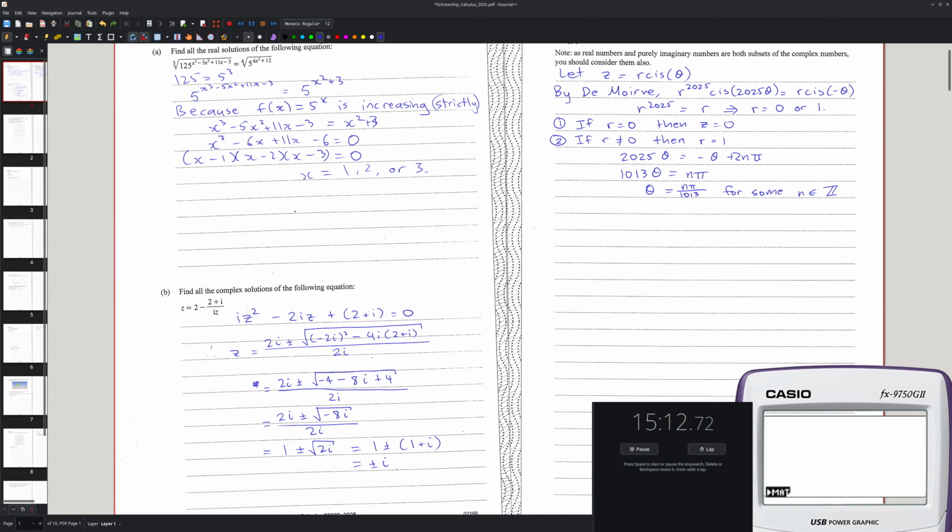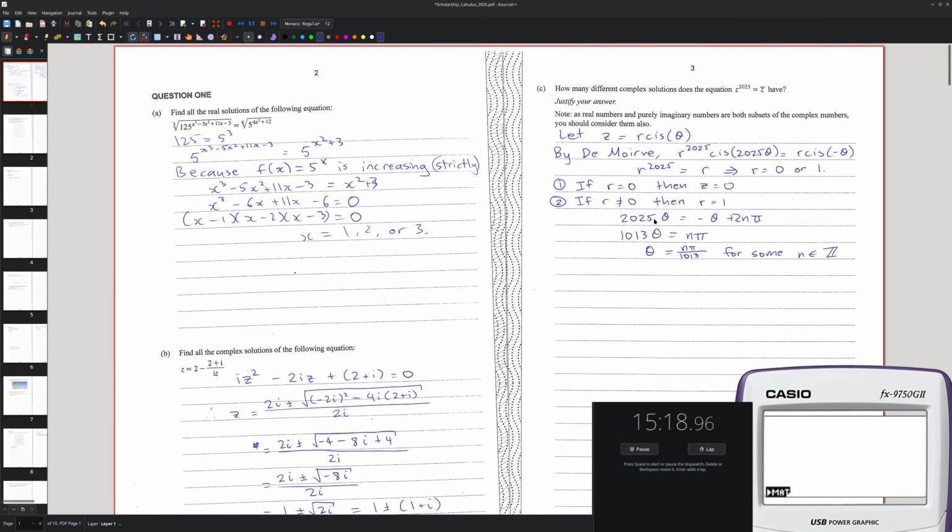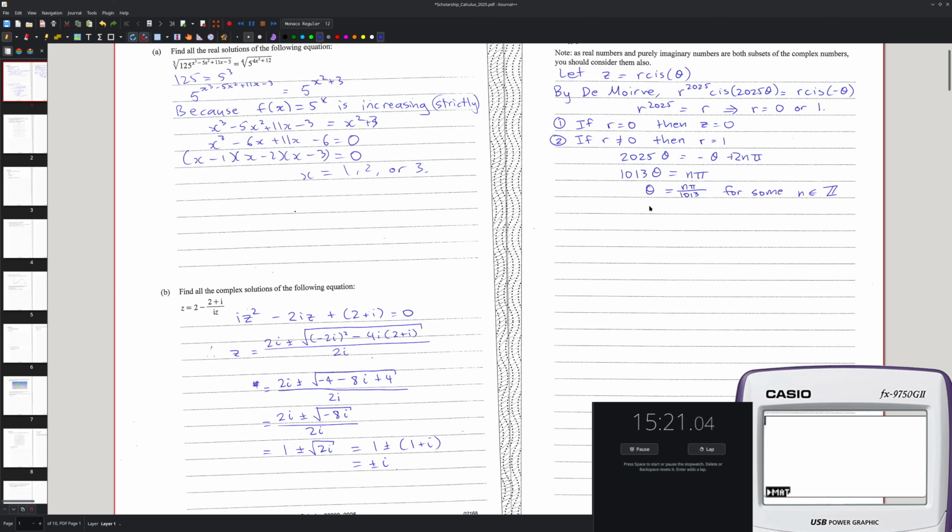Okay, this should be good. Okay, but obviously once theta loops around, right, you're cooked, right? But we only consider 0 less than or equal to theta less than 2 pi.